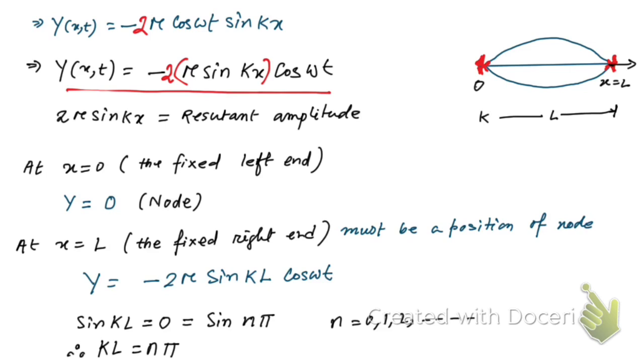Now let me copy this and go to a new slide. We know that the propagation constant K is equal to 2 pi by lambda, where lambda is the wavelength. Let me use this result here: 2 pi by lambda times L is equal to n pi.